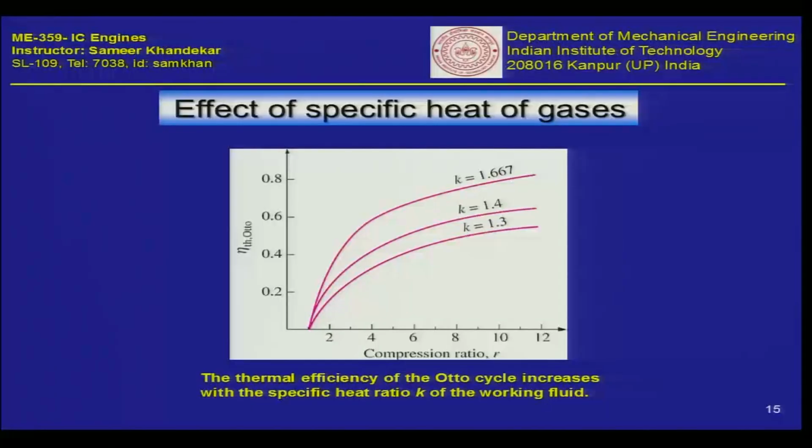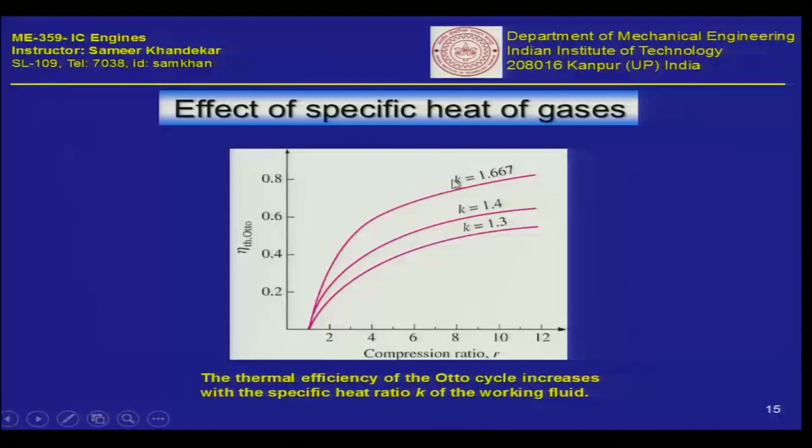However, you will recall that in an actual engine, the intake is a mixture of air and fuel, and the outlet is a mixture of carbon dioxide, steam, nitrogen oxides, some nitrogen, and some unburnt fuel.